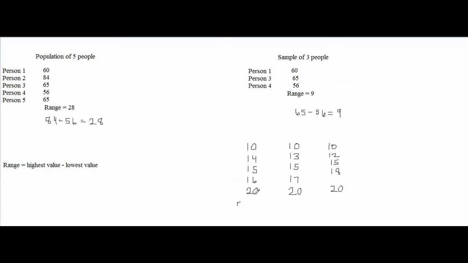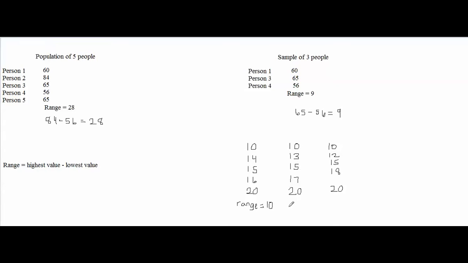The range is just the highest value minus the lowest value. So the highest is 20, the lowest is 10. If we subtract 20 by 10, we get 10. Here the highest is 20 and the lowest is 10.